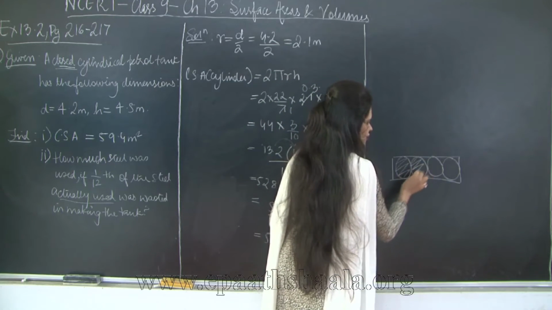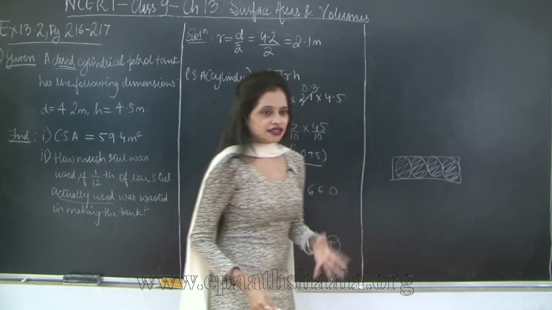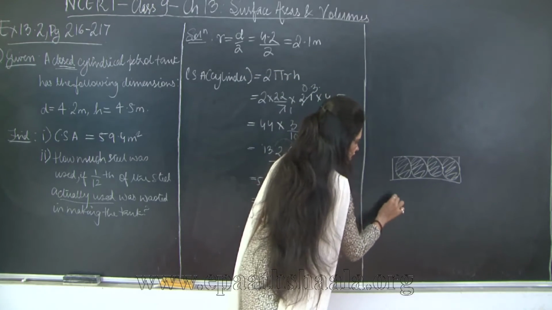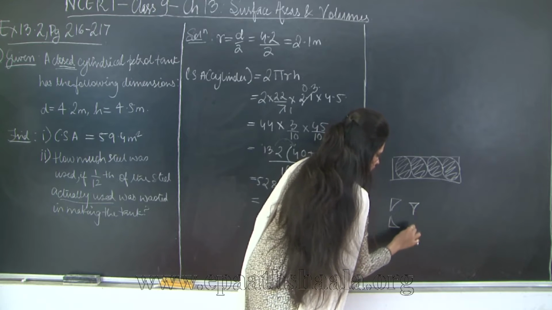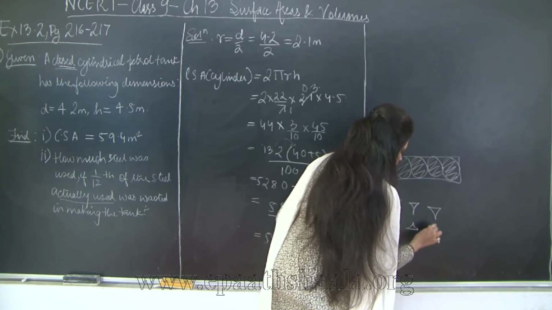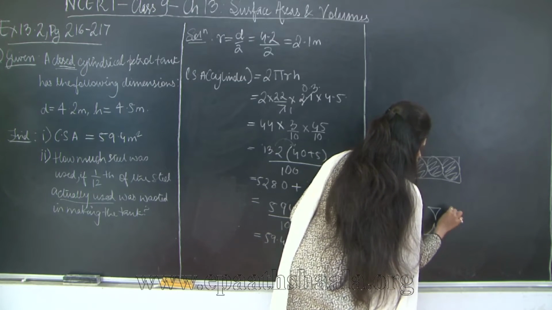These circular regions. So when I cut these circles out, what will I be left with? Paper regions like this. These regions are the wasted regions.